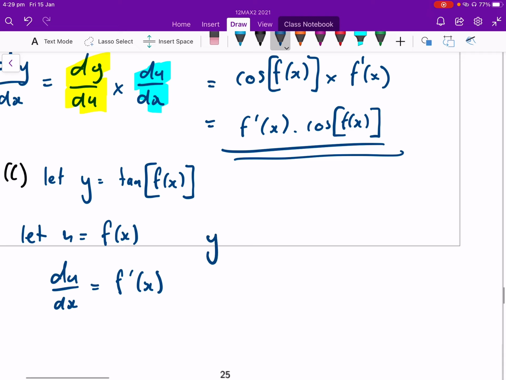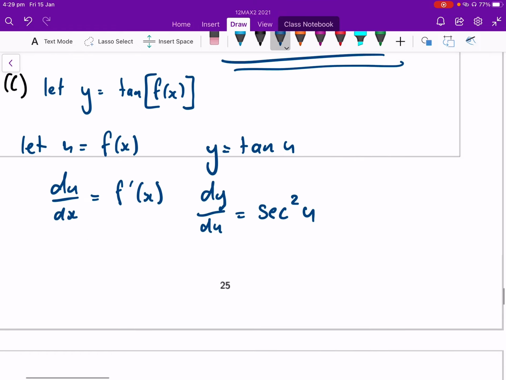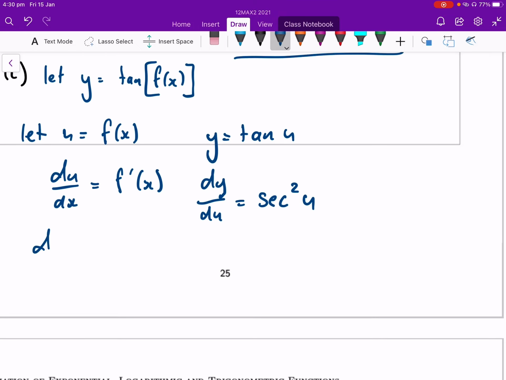Therefore y is equal to tan u. Deriving this with respect to u will give sec squared u. Now using the chain rule, I'll get the first derivative multiplied by sec squared. Now u is actually f of x.